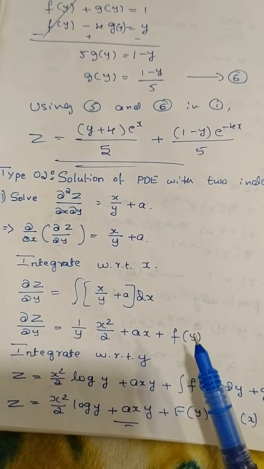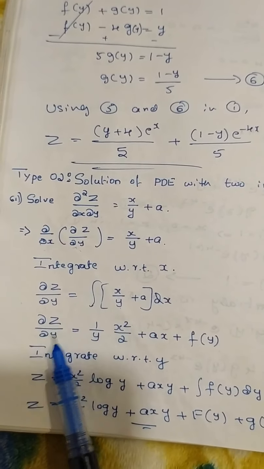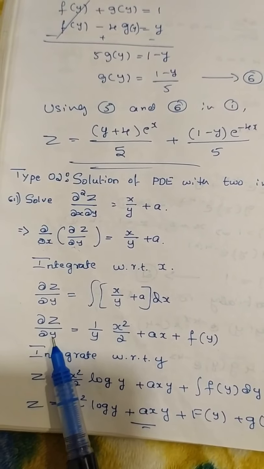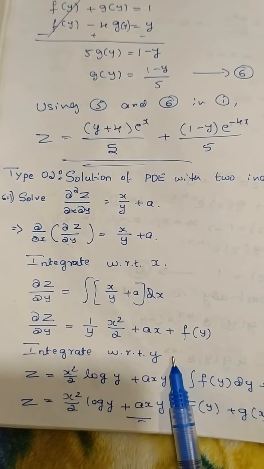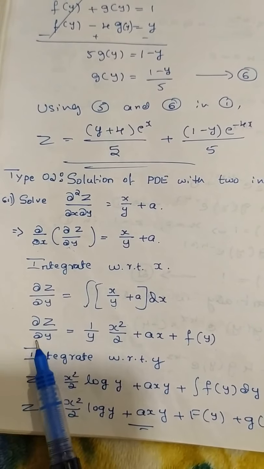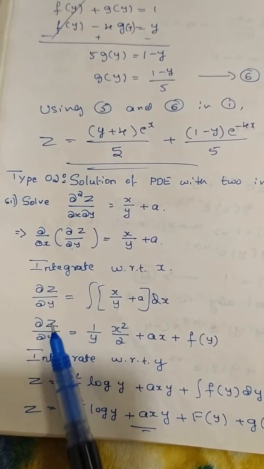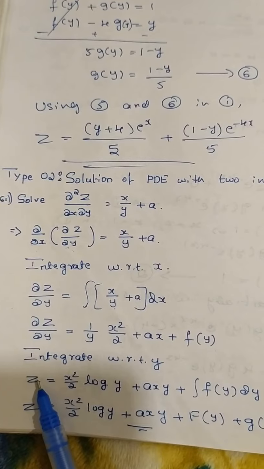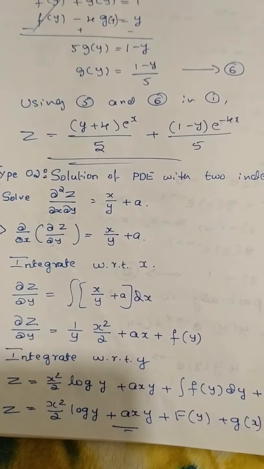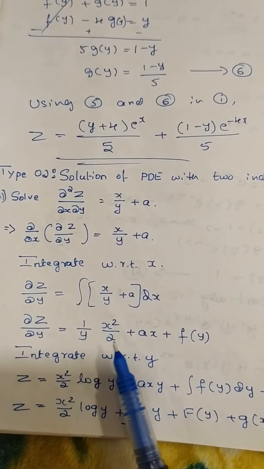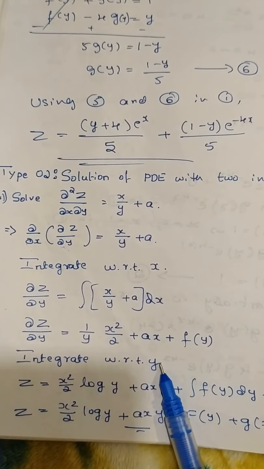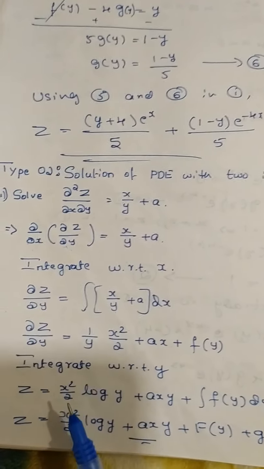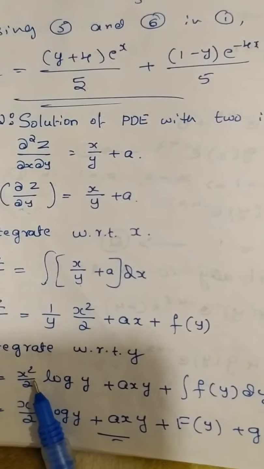Next, come to the left hand side. We have ∂z/∂y. What is the variable? y. Now integrate with respect to y. If we integrate ∂z/∂y with respect to y, we are left with z only. Now come to the RHS. Here we have x²/2 times 1/y. We integrate with respect to y, so x is constant.